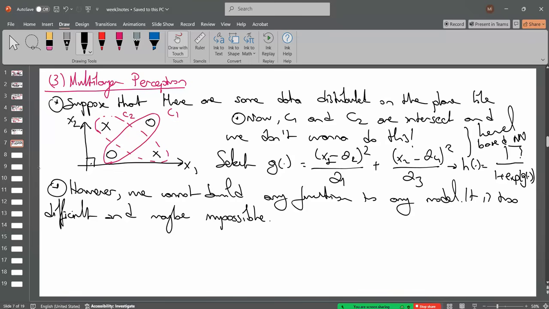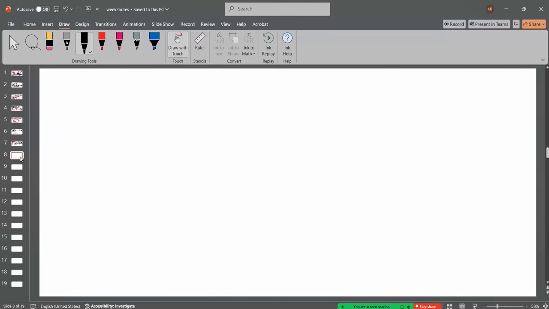Okay, so how can we solve this problem? The solution is simple, just like this one. Use two perceptrons, like in the previous case, right?